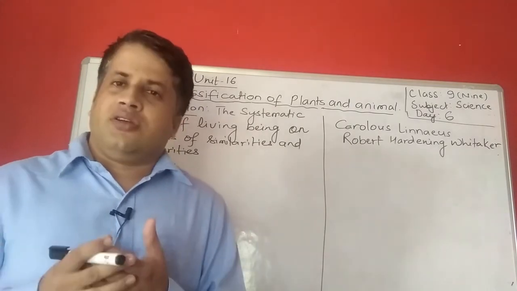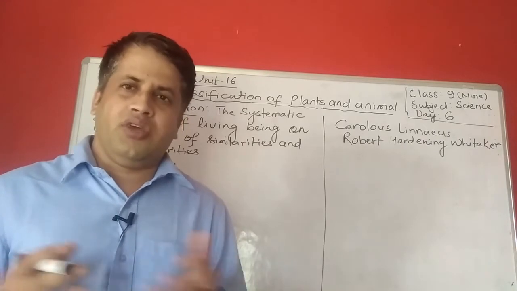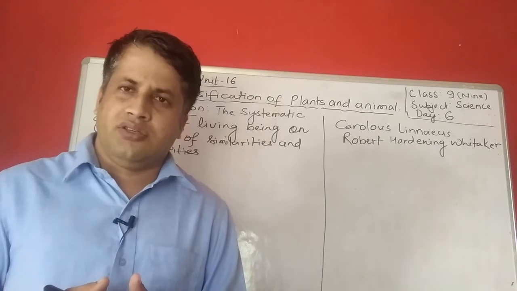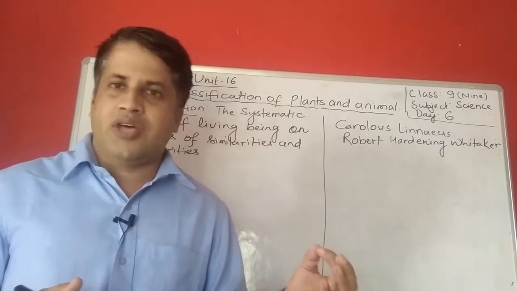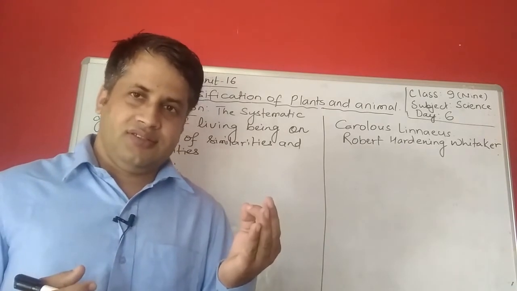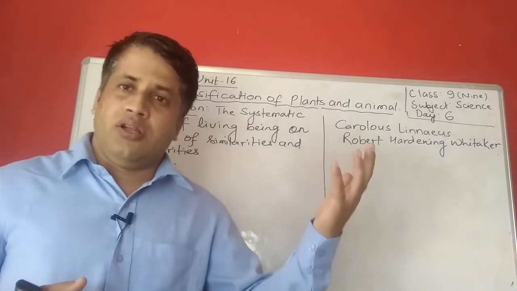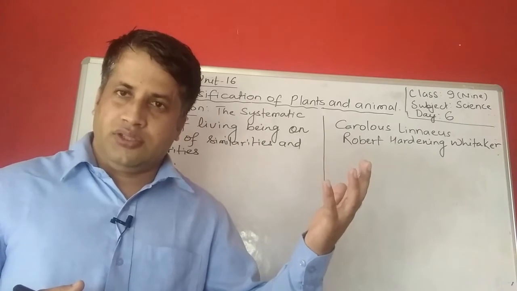If we study only the living things, we have an enormous number of organisms around us, from tiny organisms made up of only a single cell, to the blue whale, which is the largest organism on the earth.